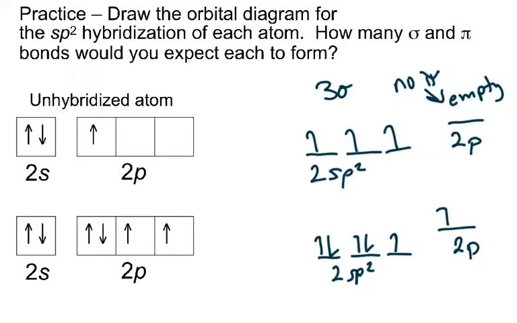I would expect this to form 1 sigma bond and 1 pi bond because I put my lone pairs in my hybrid orbitals. Then I have one unpaired here and one unpaired up in my 2p. So I'm forming one sigma and one pi bond.